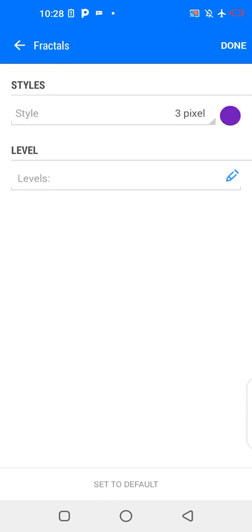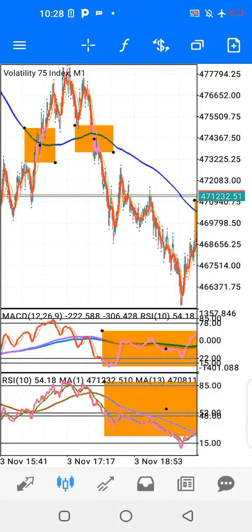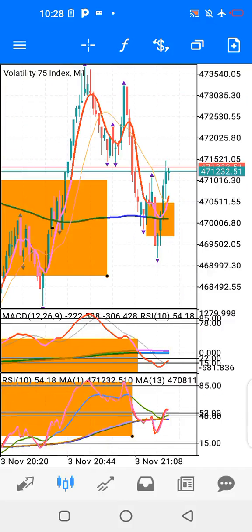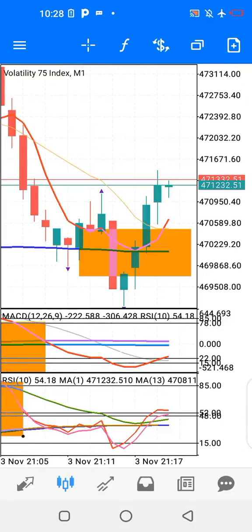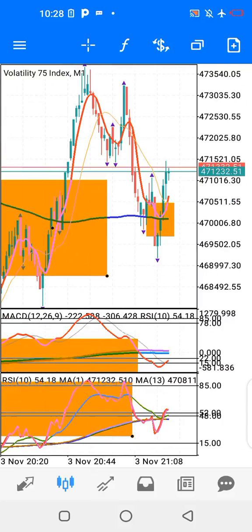I have fractals. I like fractals. It's a very good indicator. It helps me to identify points of price rejection. If I zoom in on the chart, you can see the fractal showing price rejection.